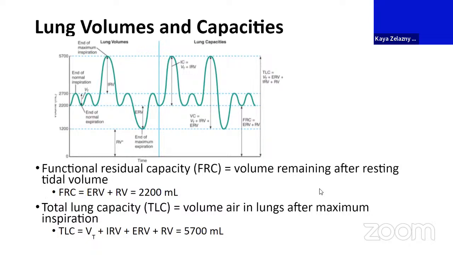So we do have one more capacity that we want to think about here. We have our definition of total lung capacity, which we looked at, but we also have our functional residual capacity, okay? For our functional residual capacity, we're thinking about a resting easy breath, and then all the volume remaining in the lung at that point. So not just all the volume you could move, but all the air that's in the lung, everything in the airway.